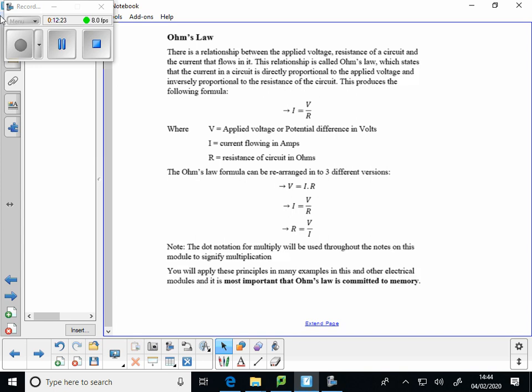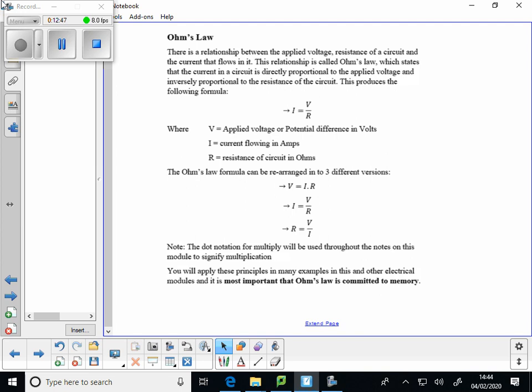We control the current by playing around with the voltage or with the resistance. It's a consequence of the other two. Right? We might have a power supply that says we can set the current, but what we're actually doing is changing the voltage so that the current changes. Alright?